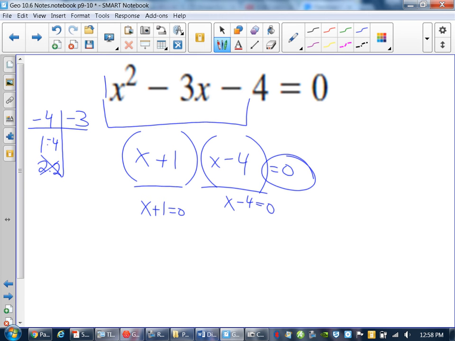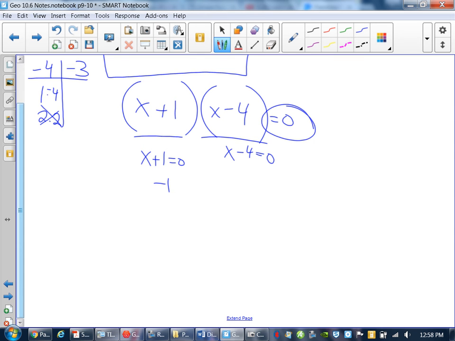If you set both of your terms equal to 0, that's the idea of the term generating the 0. How do I move the positive 1? Subtract it. How do you move a negative 4? Add it. That generates zeros of that function at negative 1 and 4.